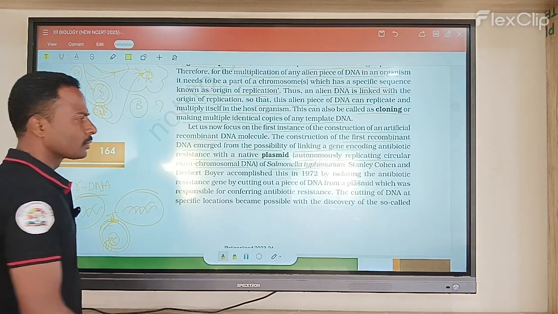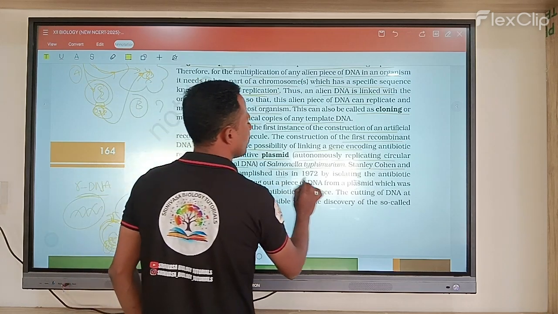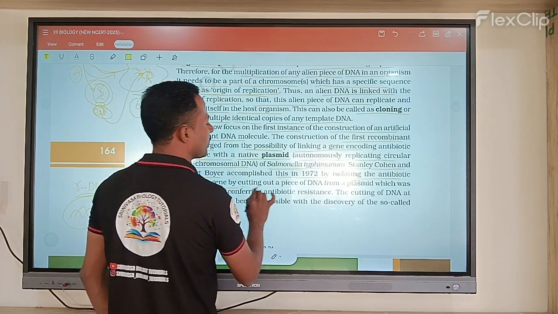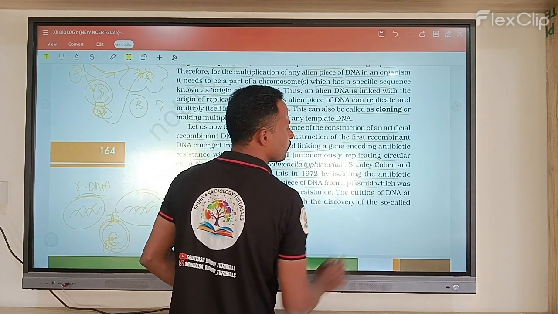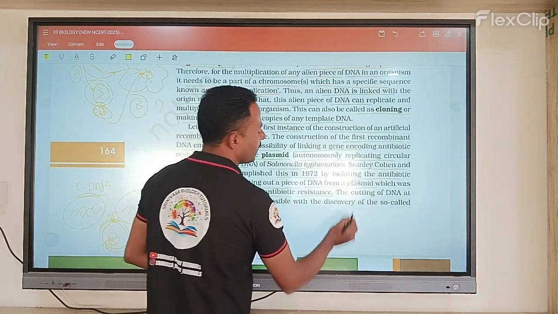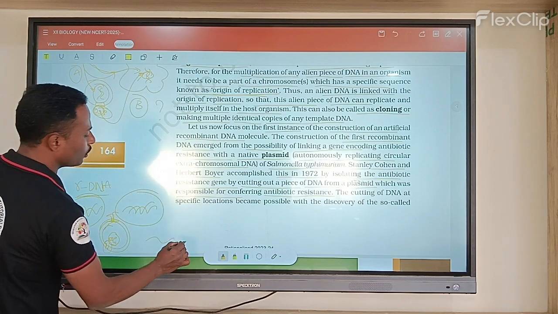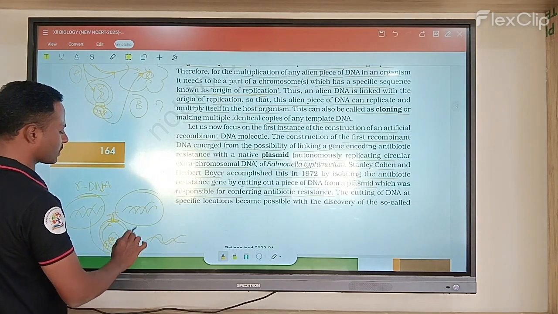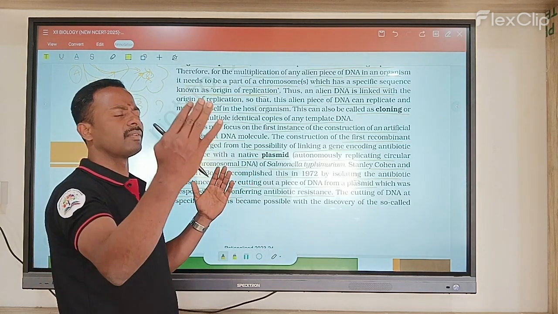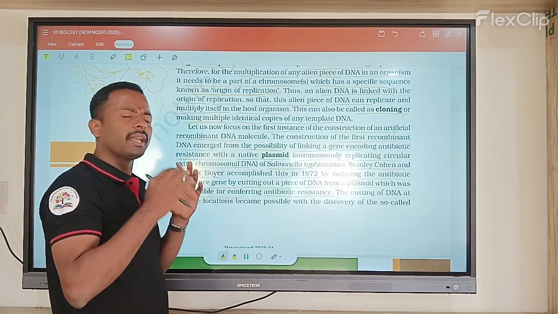coli. Stanley Cohen and Herbert Boyer accomplished this in 1972. They isolated an antibiotic resistance gene by cutting with the help of the plasmid DNA responsible for conferring antibiotic resistance. These two scientists developed a new DNA, meaning one foreign DNA and one vector carrying the antibiotic resistance gene, added together with the help of biotechnology tools.